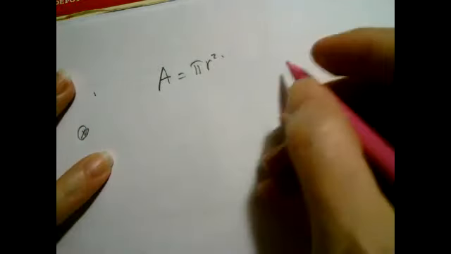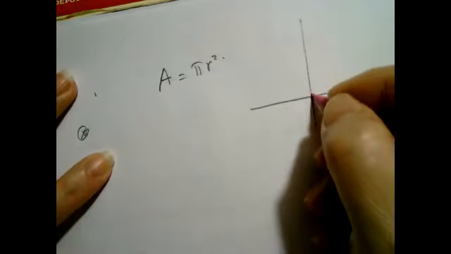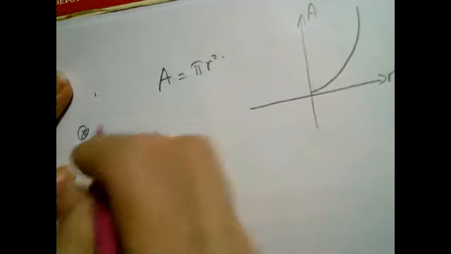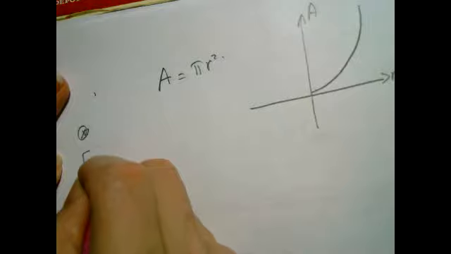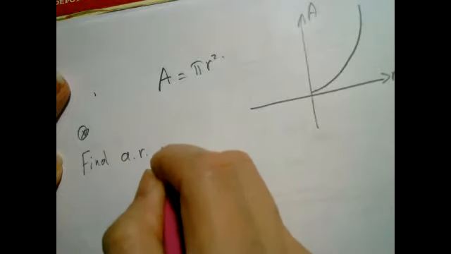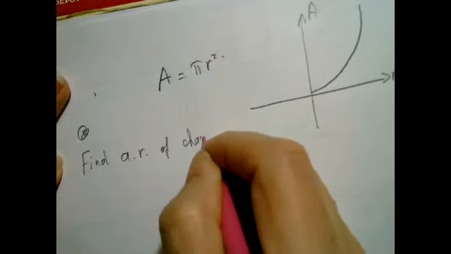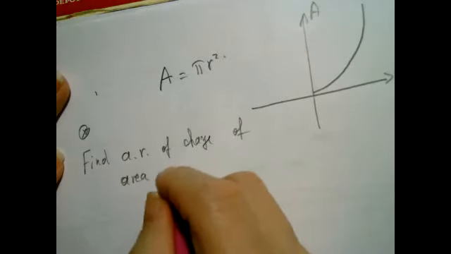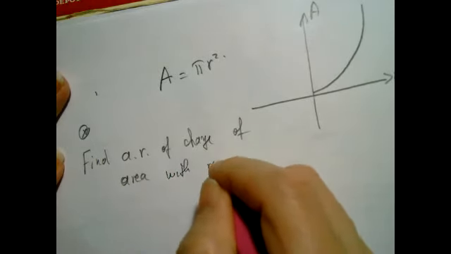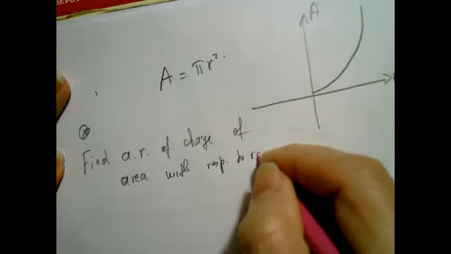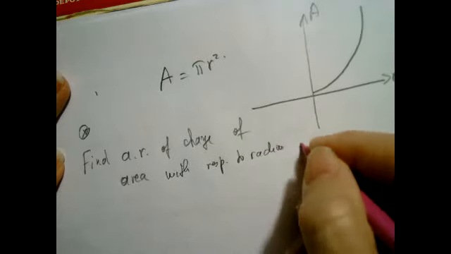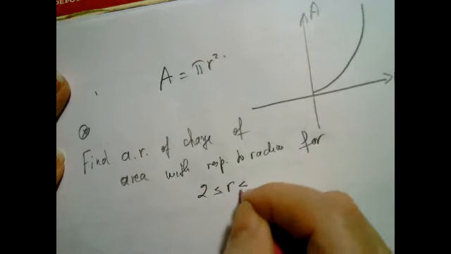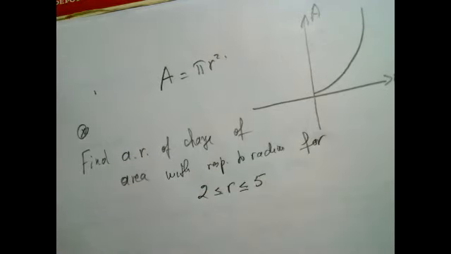Suppose I tell you, find, and that's the graph of the area with respect to the radius, find the average rate of change of the area with respect to the radius for when the radius is between, let us say, 2 centimeters and 5 centimeters.